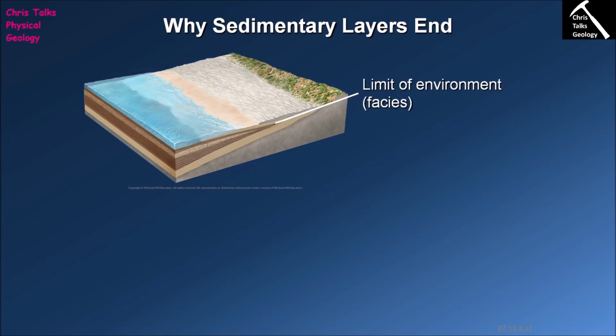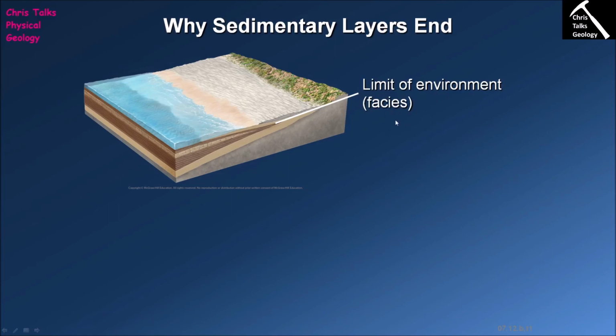And so it begins to essentially run out of clay and silt because it's depositing it all behind it. This means eventually the water is going to run out of clay and silt, and so the layer which is being deposited by that flood will also have to terminate and stop. This is referred to as the limit of the environment in question.